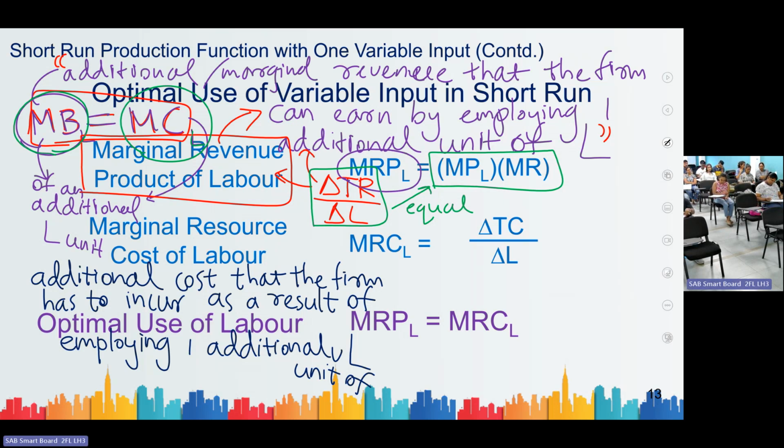That is marginal resource cost of labor. Generally, we measure it as change in total cost divided by change in L.